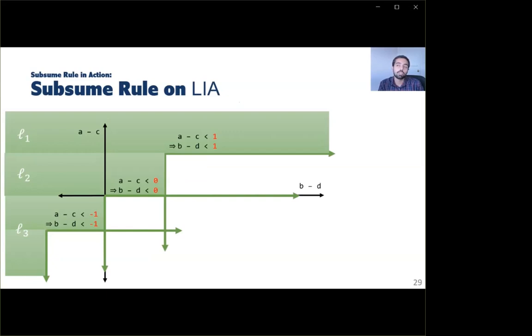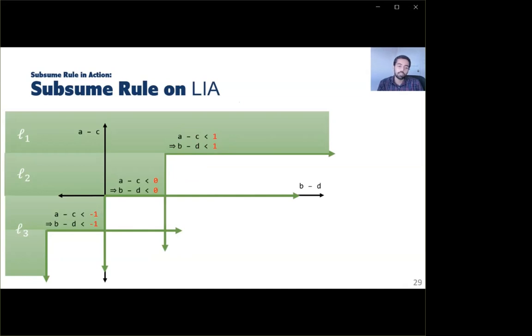To make things more concrete, I will explain the subsume rule on the running example we had. Recall that earlier Spacer diverged by learning lemmas of the form a minus c less than 1 implies b minus d less than 1, and with different constants instead of 1.